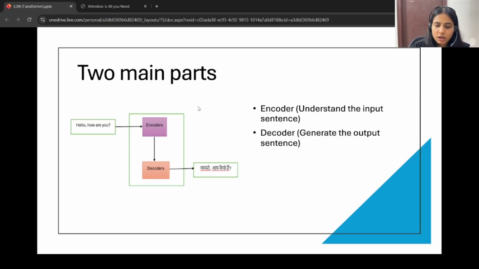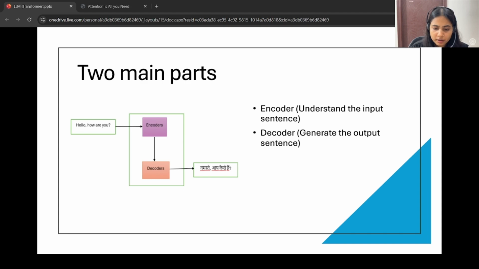There are two main parts inside the transformers. The first is the encoder, and the other is the decoder. If we provide some question to the model, it will go to the encoder, then move forward to the decoders, and at the end we'll get the outputs.